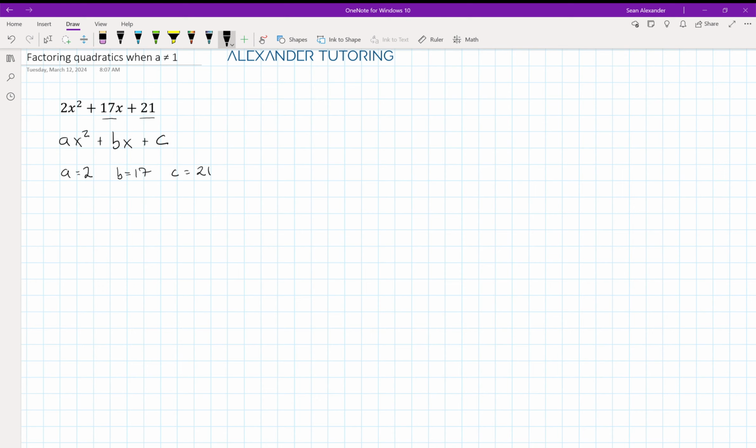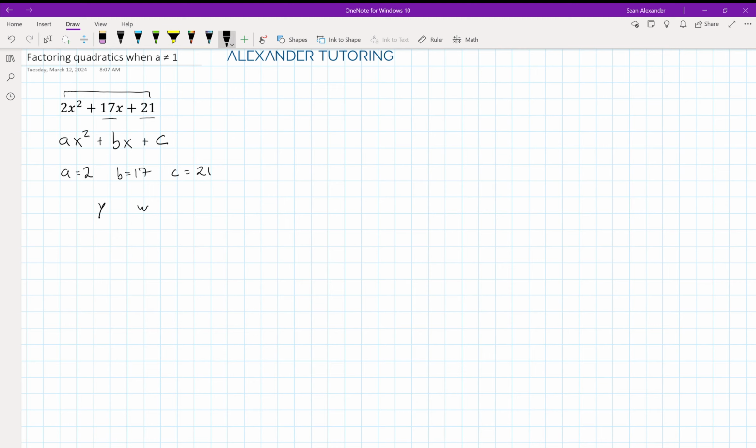So when a is not equal to 1, there's a slight addition to that rule. We still want two numbers, I'll call them y and w, two numbers that when added together give you the middle term, 17, but when multiplied together, this time we want them to multiply to give us the product of the a and the c term, which in this case is 2 times 21, or 42.